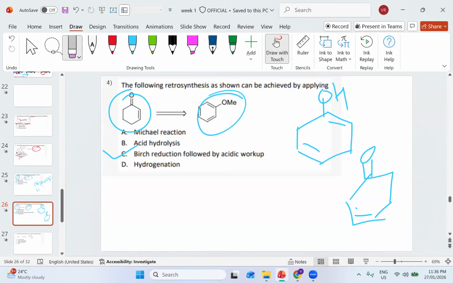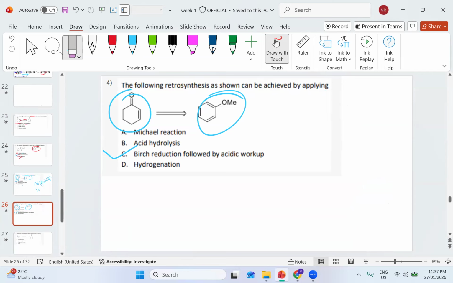I'm not sure about the position of the double bond. But you can neglect the other options very easily, and this is the only logical option we have here. For this competitive exam, particularly the objective type, it is very easy to get to the final answer.